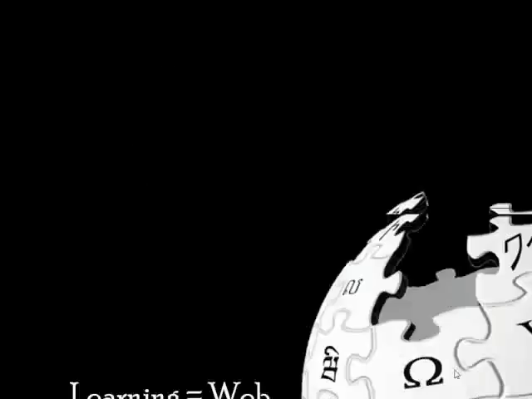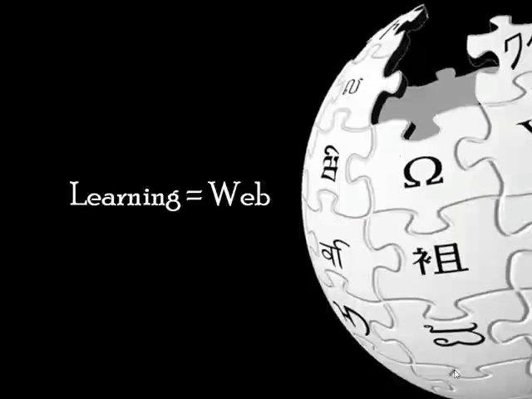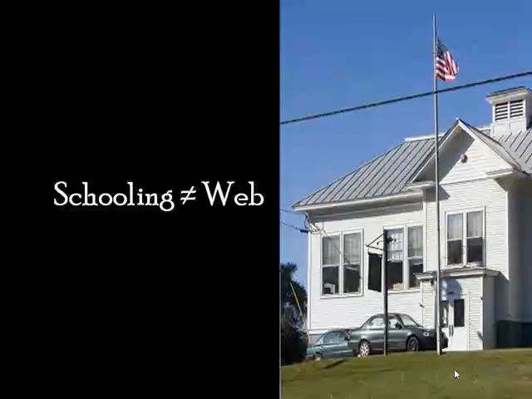Schooling, of course, does not always necessarily equal learning, and learning does not necessarily always equal schooling. And that's actually good, because a whole lot of learning is already happening on the web. Much of 80% or more of my learning is from the web. Of course, schooling and the web have not really meshed very well yet.